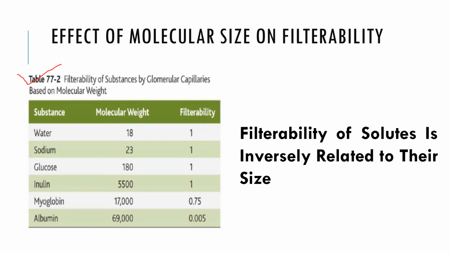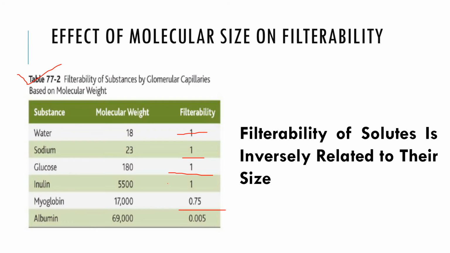Now this table lists the effect of molecular size on filterability of different molecules. A filterability of 1 means the substance is filtered as freely as water. And a filterability of 0.75 means the substance is filtered only 75% as rapidly as water.